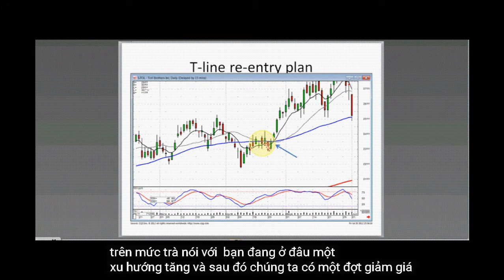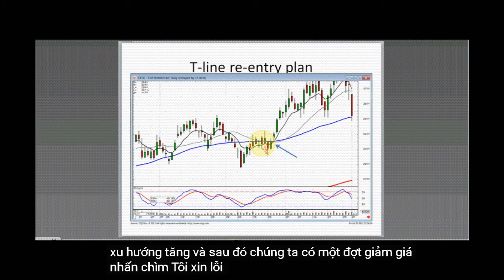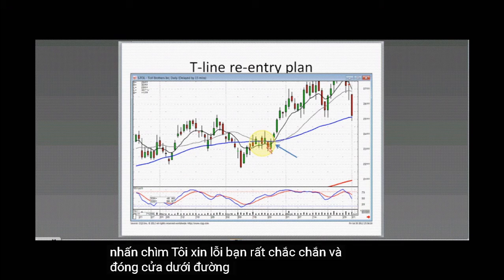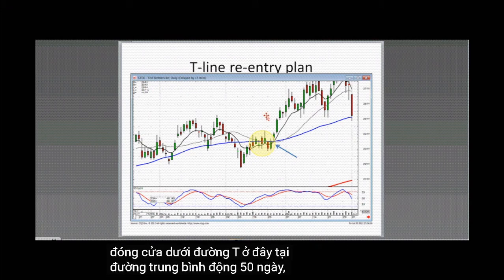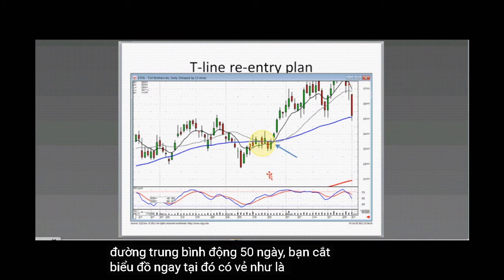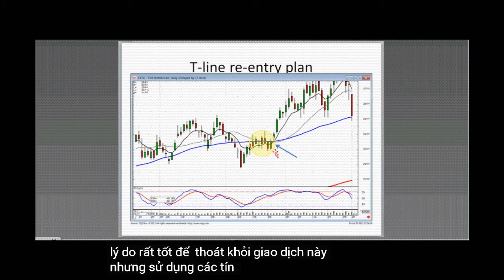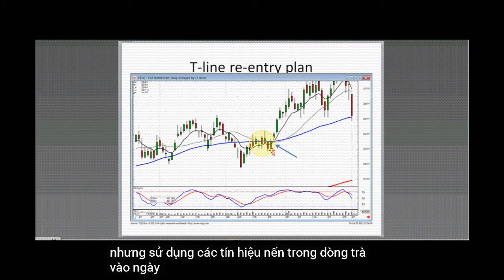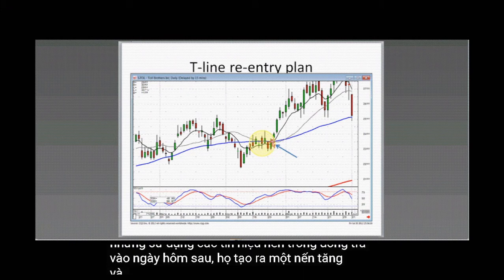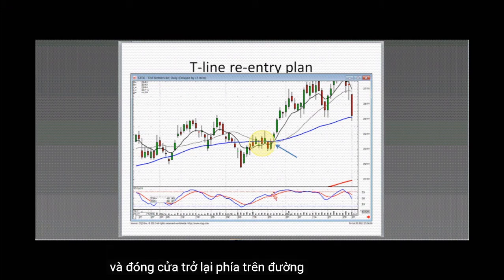And then we have a bearish engulfing, a bearish harami and a close below the T-line here at the 50-day moving average. You cut the chart off right there, that looks like a very good reason to be out of this trade. But using candlestick signals and the T-line, the next day they do a bullish candle and close back up above the T-line. Stochastic still heading up.